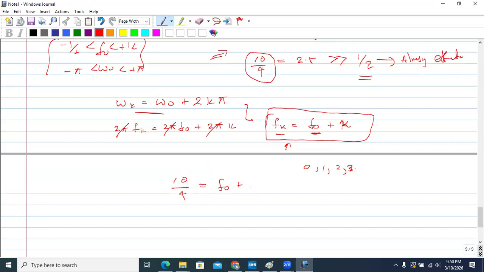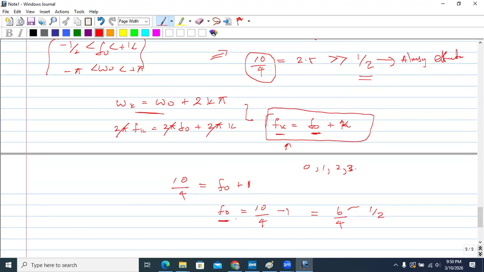So for example, if you consider k is 1, you can find the F naught. F naught is 10 minus 4 minus 1. So it will be 6 divided by 4. Okay, you can see that 6 divided by 4 is still higher than half, no? It's still higher than half.